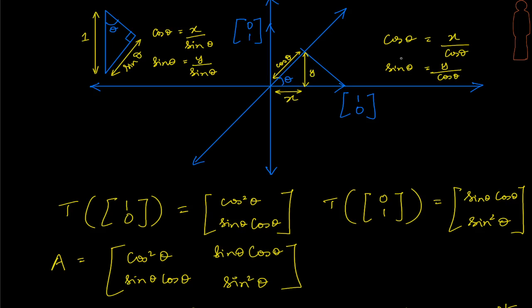So here is how I wrote it. Cos of this angle is going to be adjacent, x by cos theta. Sine of this angle is going to be y by cos theta. Now, how did I get this cos theta? Because that's my hypotenuse. How did I get that? That's what we recently explained. So this is a right angle triangle and this is my hypotenuse because this is 90. Since this is theta, this has got to be cos theta.